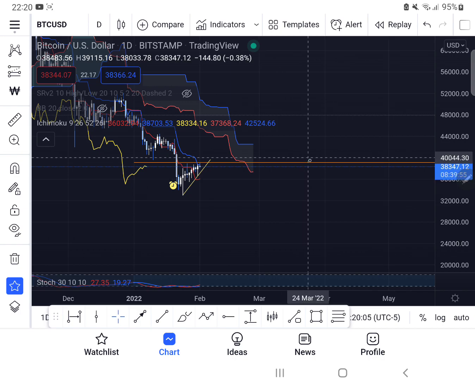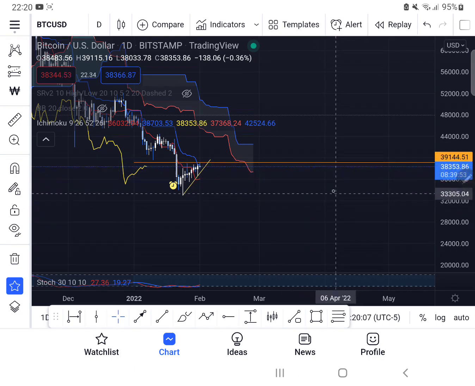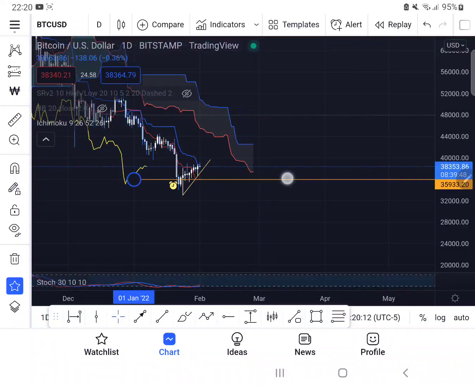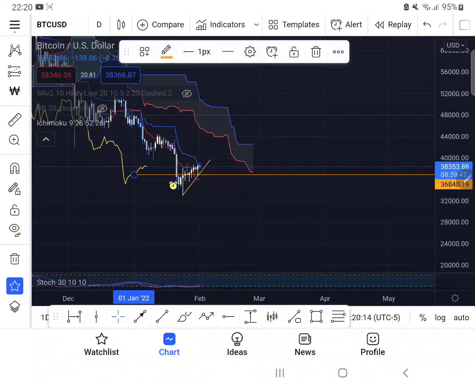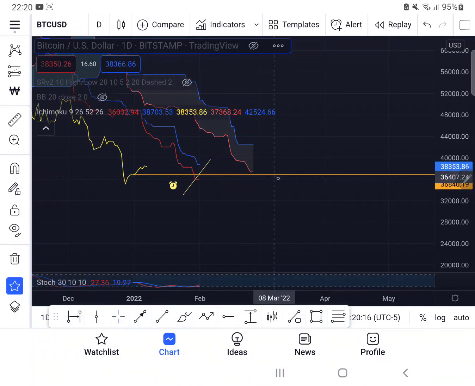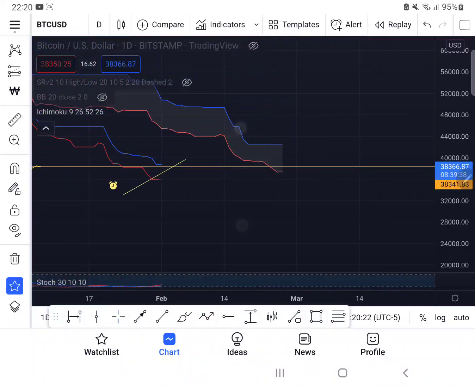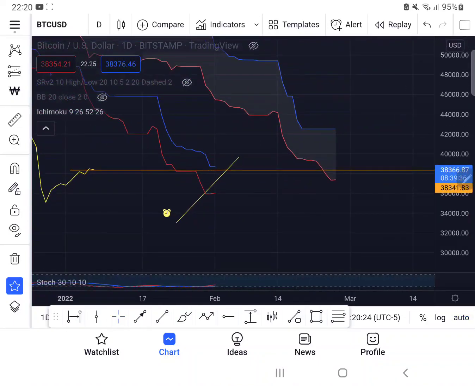Something that I want to confirm is the Kijun-sen over here. So I will set the Kijun-sen, the base line, the angle may twist to the downtrend first.